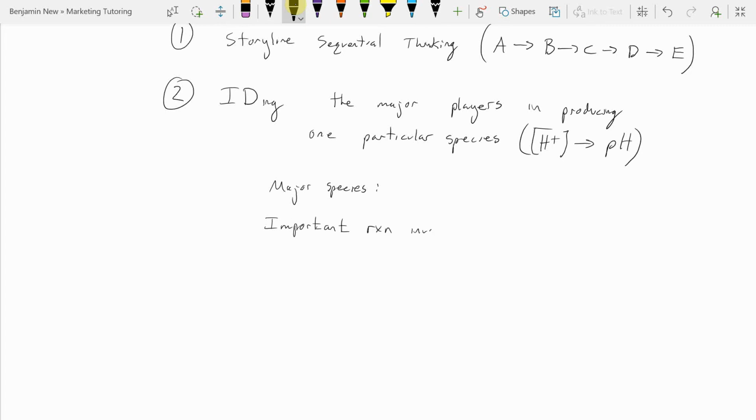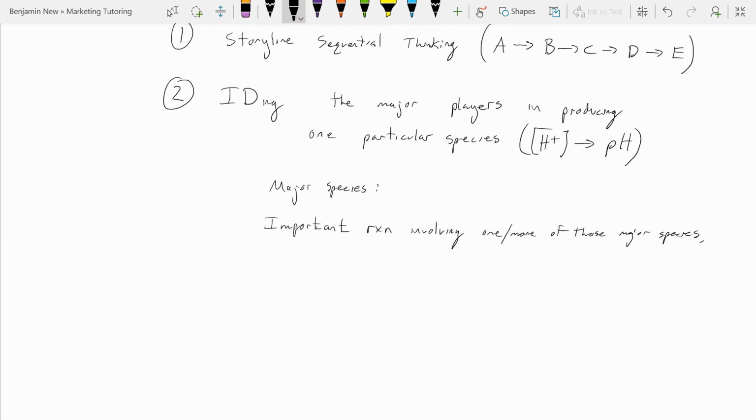reaction involving one or more of those major species. Okay, so this is sort of like a Venn diagram. First, you determine the major species and then identify all the reactions, but really we're identifying usually just one reaction that dominates them all.